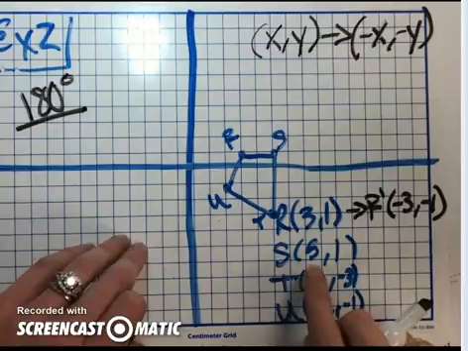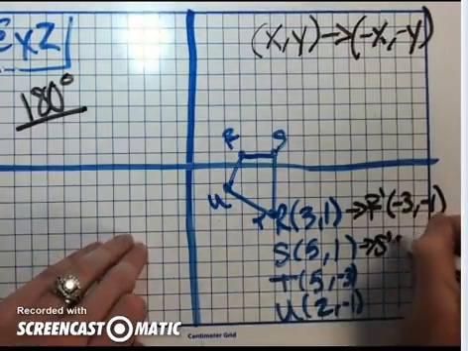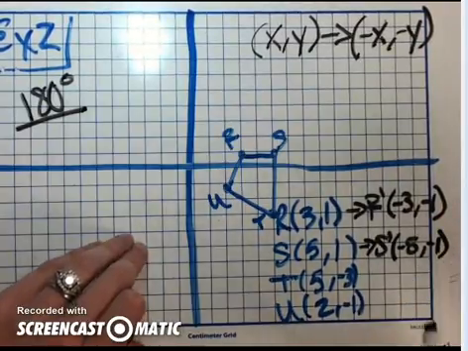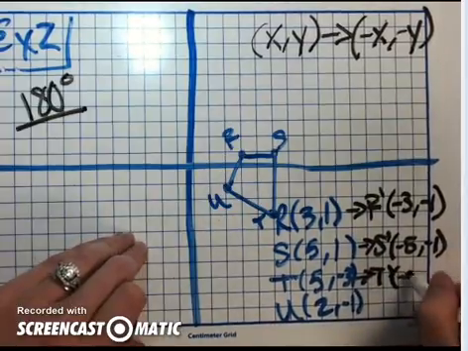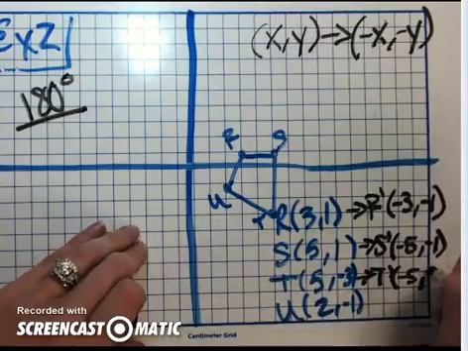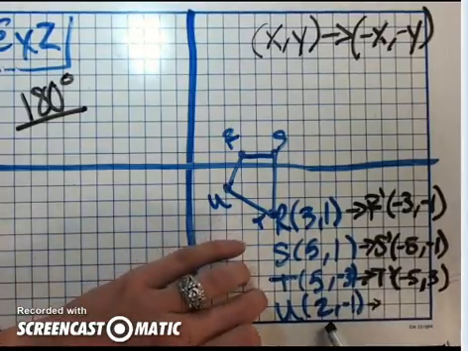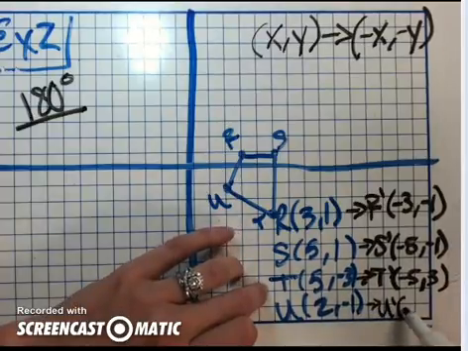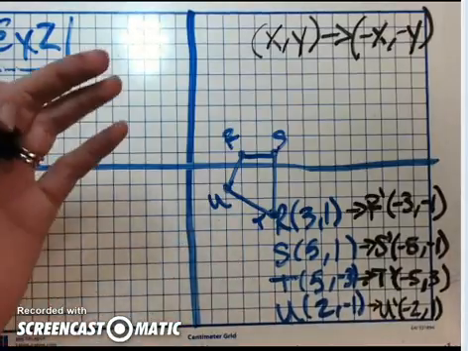If we look at S, it's originally at (5, 1). So S prime becomes (-5, -1). T becomes T prime, which is at negative 5. Have to change the sign, so then it becomes a 3. And the last one, U, was originally at (2, -1). So U prime is at (-2, 1), because I just changed the signs on them.